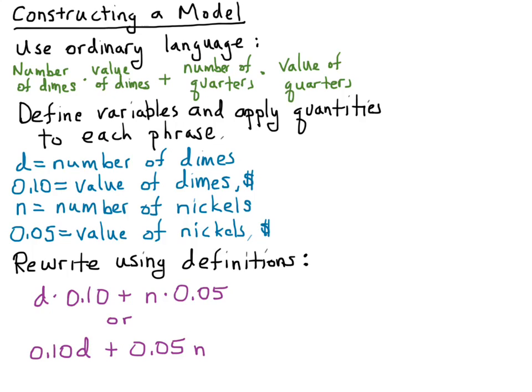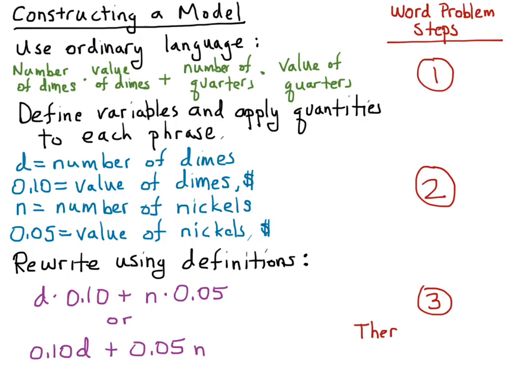And so the amount of money you have between nickels and dimes is literally from the model D times 0.1 plus N times 0.05. You can rearrange that to make that a little bit more conventional, and so you say 0.1D plus 0.05N.